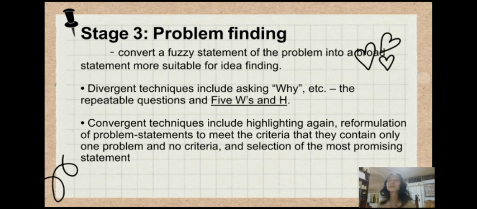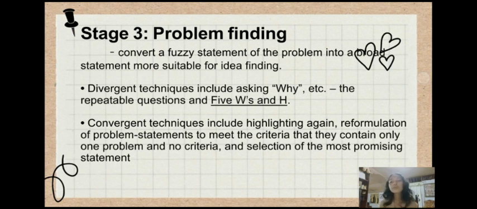Then we have convergent techniques, which includes highlighting again, then reformulation of problem statements to meet the criteria that they contain only one problem and no criteria, and selection of the most promising statement.